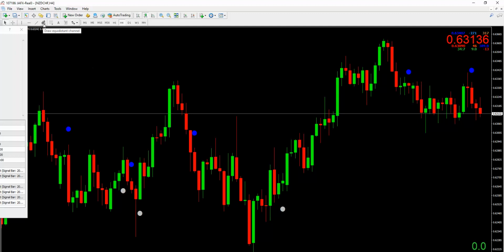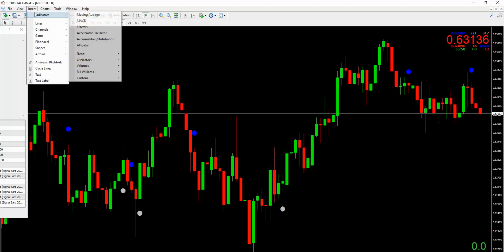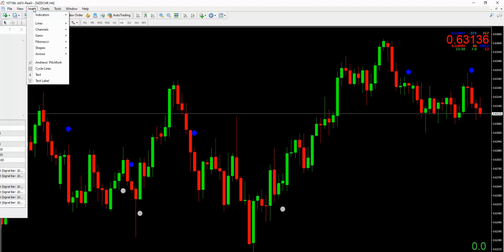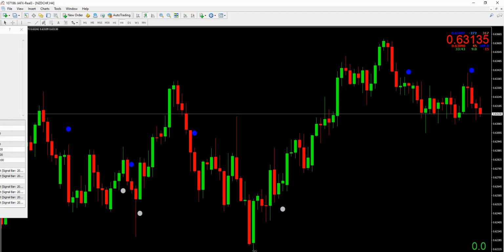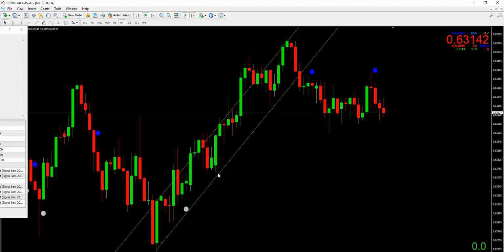Some people will prefer to use line charts, but then it's not touching the candle here. By the time you bring up the candlestick, it touches it here, it cuts across it there. So I think I prefer using the candlestick this time.